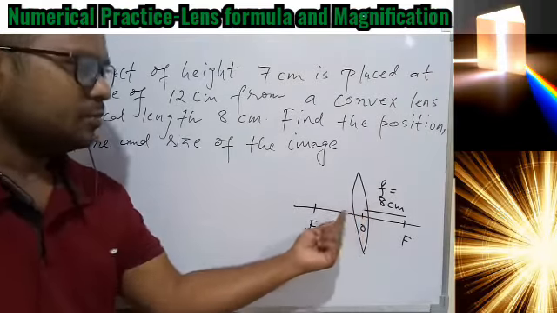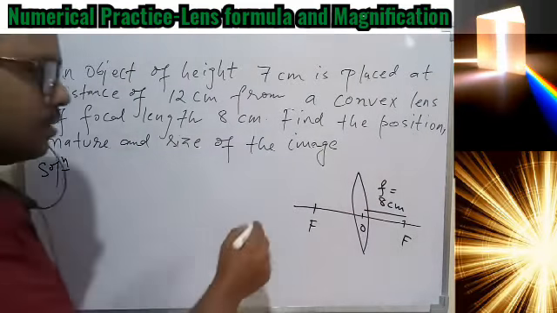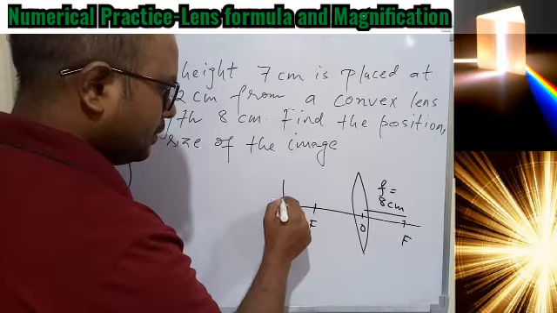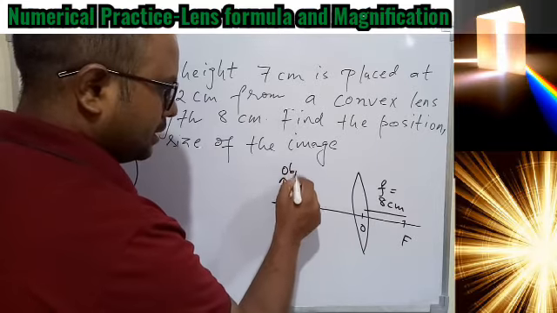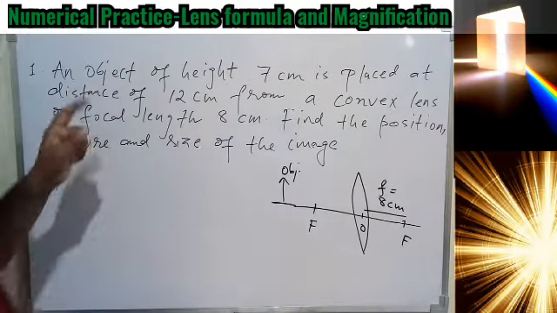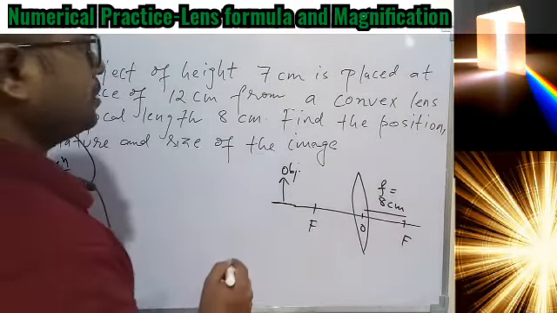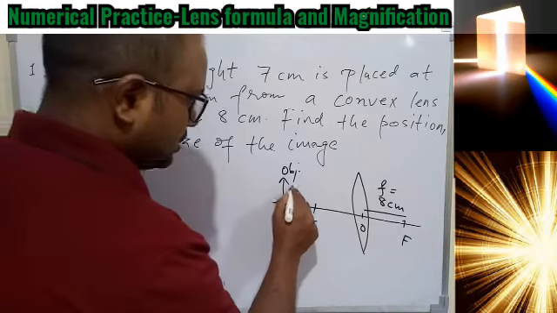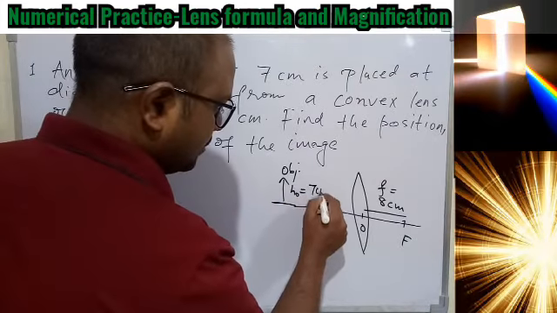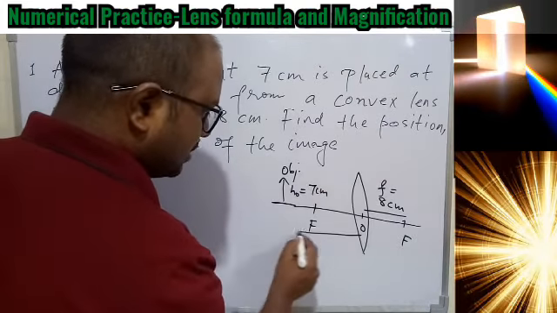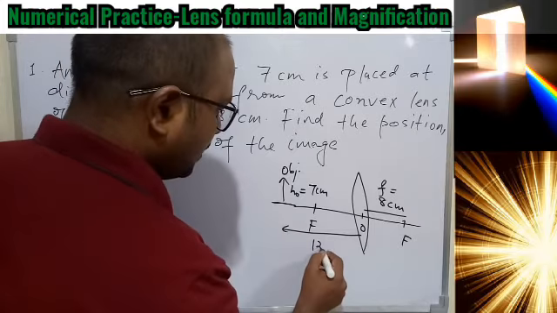So 12 must be more than 8 cm. So the object will be placed somewhere here. This is object, and the height of object is also given, that is how much? 7 cm. So that is height of object is given 7 cm, and this is placed at a distance of 12 cm.